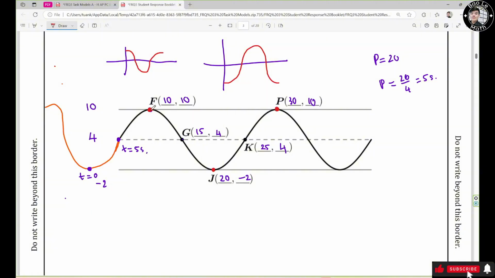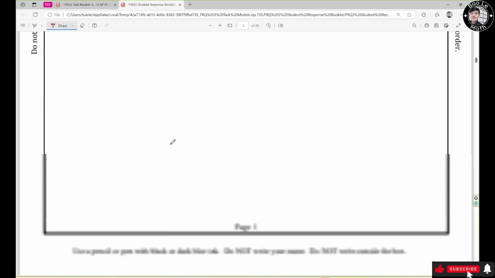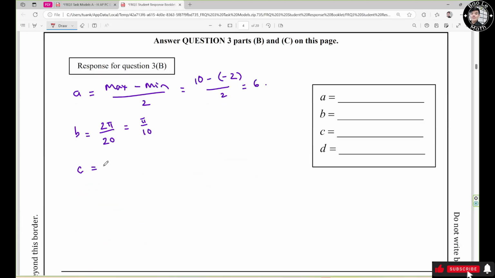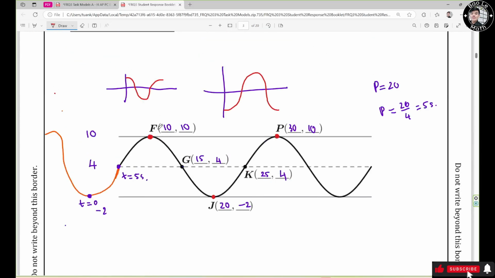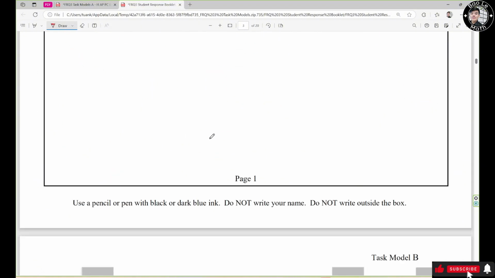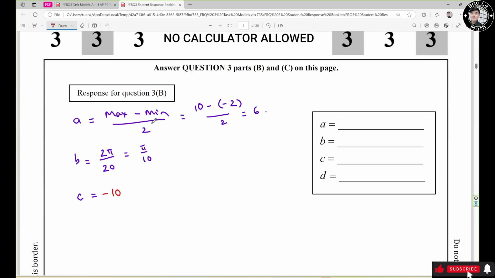Now if I start the function from point F, which means I shift to the right 10 units, so I have C equals negative 10. Since you start from the maximum, A should be positive. If you start from the minimum, A is negative. So here's the answer.